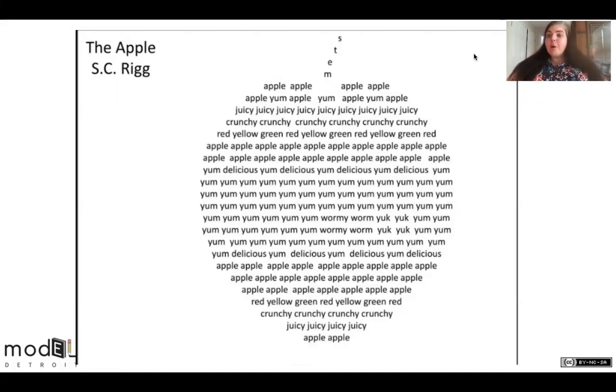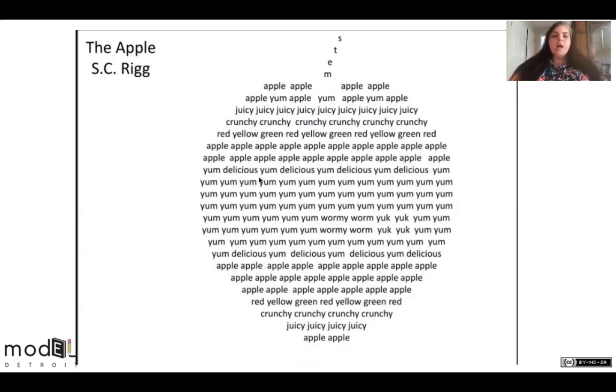Did you find the poem? The Apple by S.C. Rigg. Let's look at it. It's so fun. Stem, apple, apple, apple, yum, apple, yum. Juicy, juicy, juicy. Crunchy, crunchy, crunchy. Red, yellow, green. Apple, apple, apple. Oh, yum, delicious, yum, delicious.